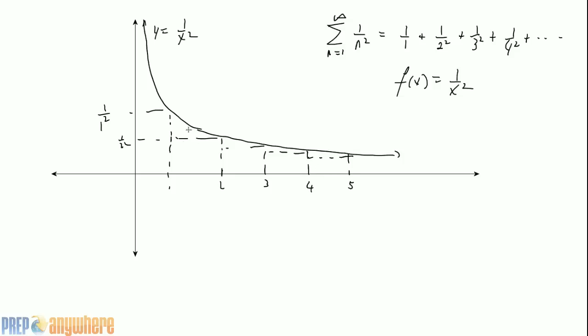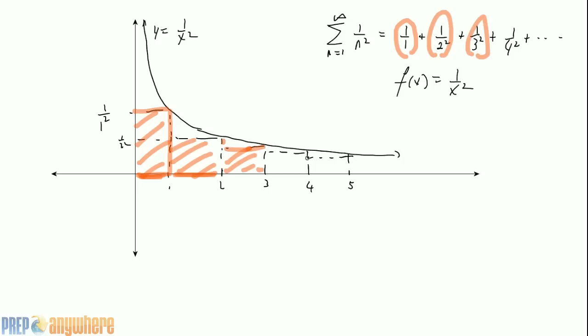Okay, so first of all, I have 1. This area here, because the base is all 1, represents this value here. Same here, 1 times 1 over 2 squared, so that area right there represents the second value. And this area right here represents the third value, and so on.